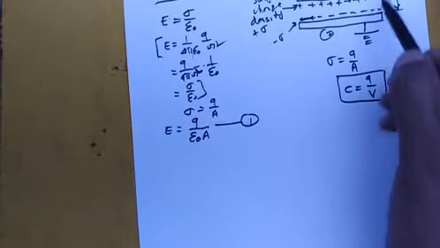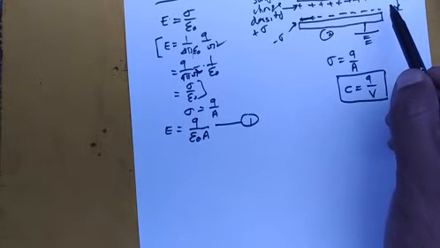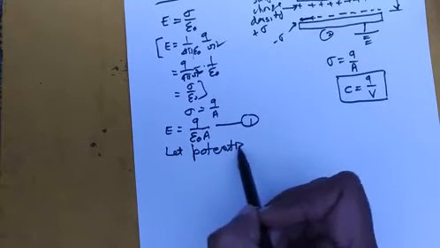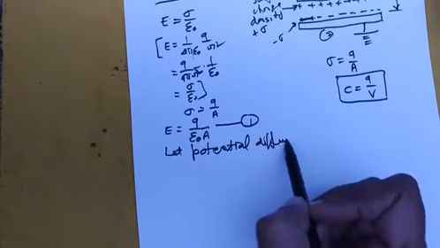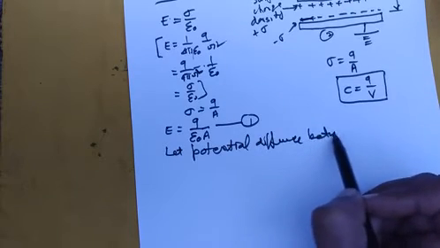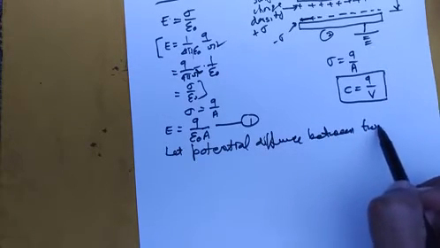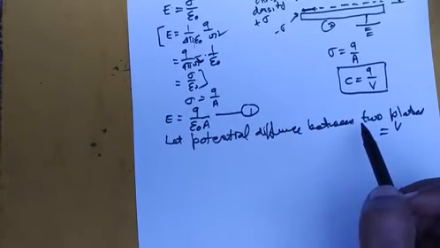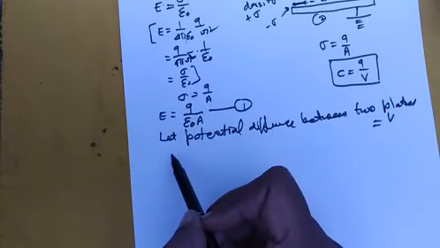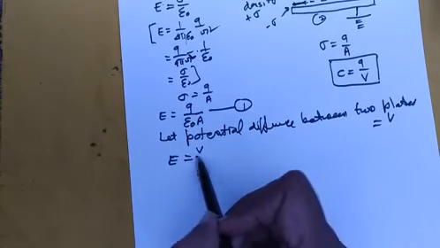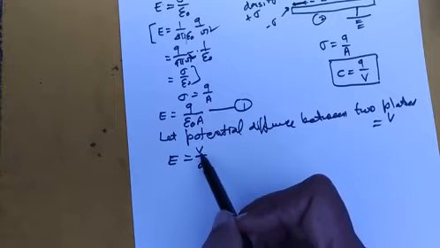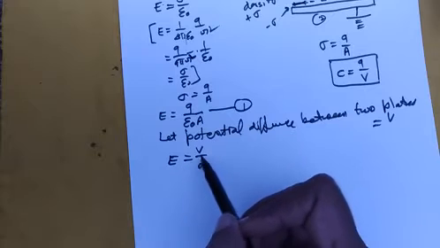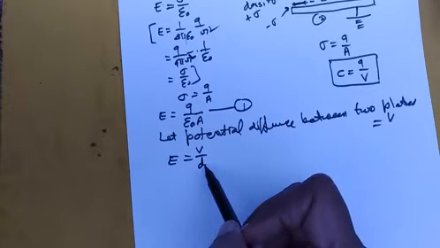Now, इन दोनों के बीच में let potential difference between two plates be V. So we know that E is equal to V by D. Again, question is how it has come. Basically, electric field is also called potential gradient. It is a known fact.